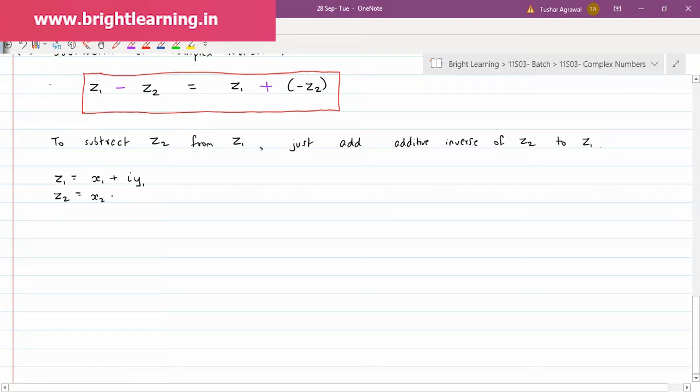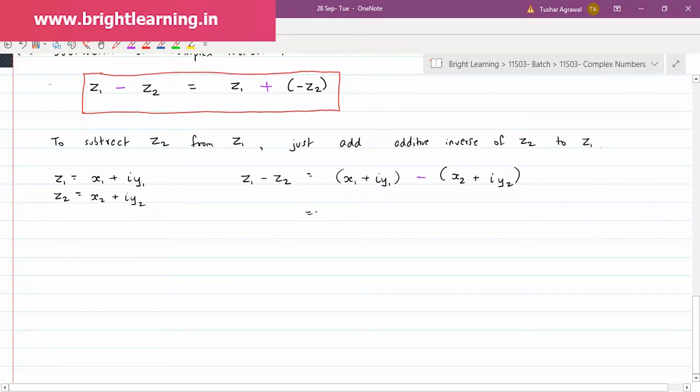Z1 minus Z2 will be equal to x1 plus I times y1, this subtraction, which I don't know what it is, and the second complex number x2 plus I times y2.